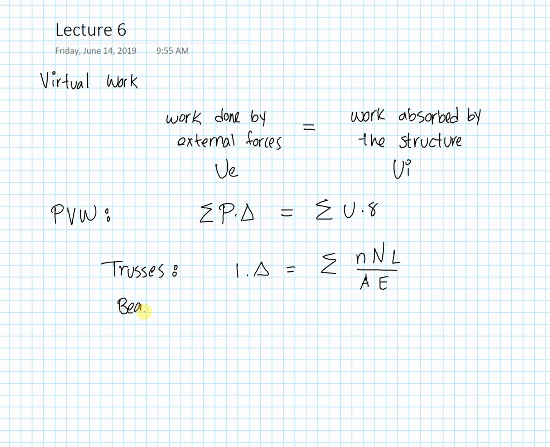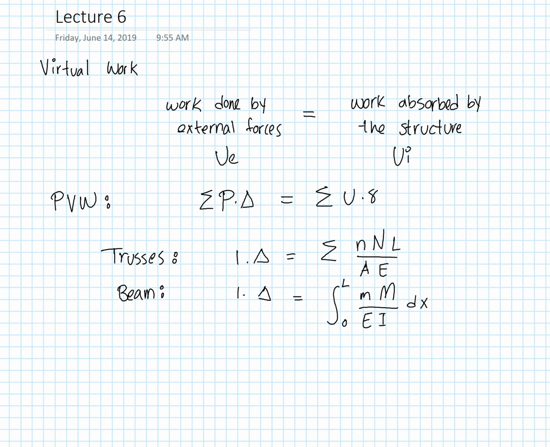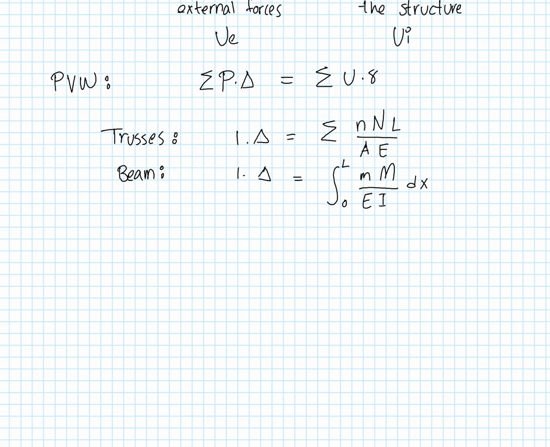And I'll list the second equation, which equals 1 delta is equal to integral, which is also a sum, of the virtual moments, real moments, elastic modulus, moment of inertia, dx. And I'll explain in a minute through an example how we use these equations to take advantage of the principle of virtual work and to solve for external deformations and displacements.